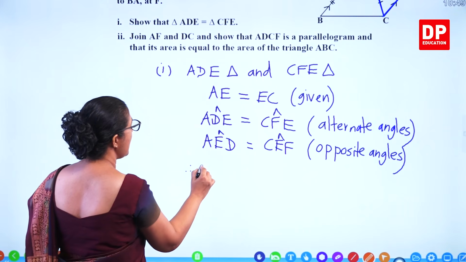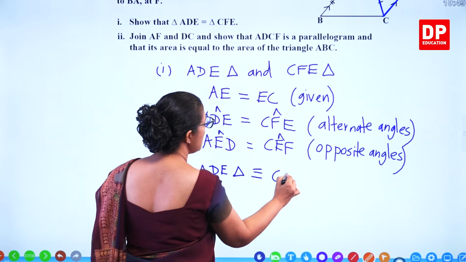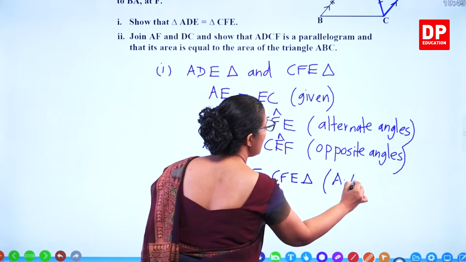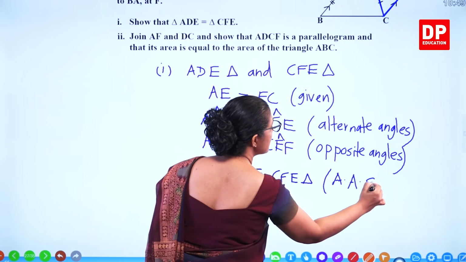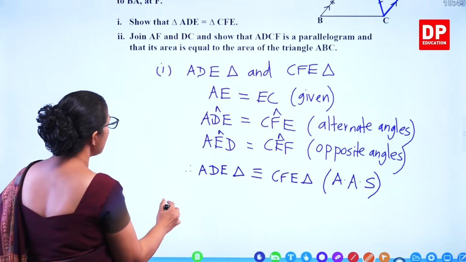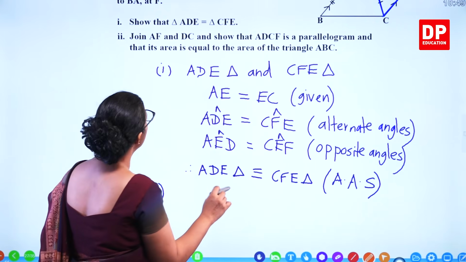So you can say triangle ADE is congruent to triangle CFE because of angle, side. That's the first step.